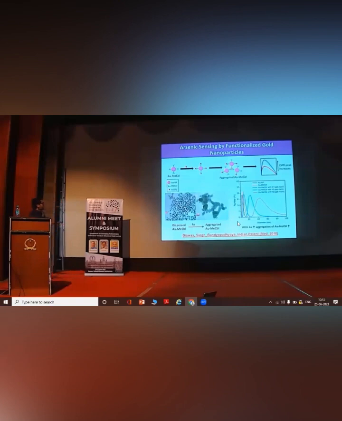So basically, you start with single gold dots, which are shown here as a black size distribution of around 8 nanometer particles. When you functionalize, it is this red distribution, 10 nanometer.